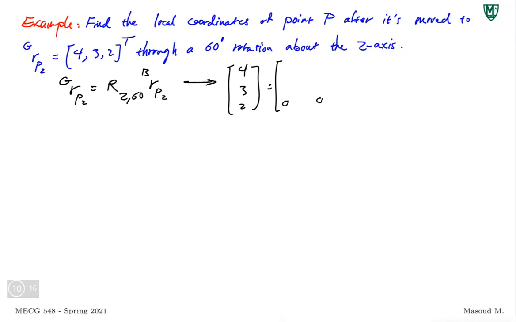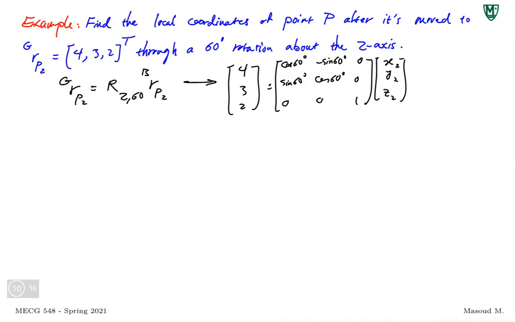This would be 0, 0, 1, 0, 0. This is cosine 60 degrees, this is minus sine 60 degrees, sine 60 degrees, and cosine 60 degrees. And I multiply that with the coordinate, let's call it x2, y2, z2, whatever it is.